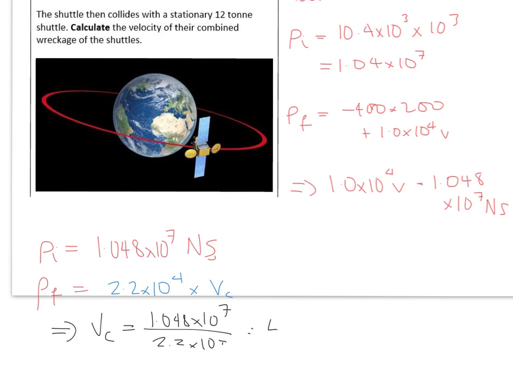So it's going to be 4.8 times 10 to the 2 meters per second there, giving it to two significant figures, which would be appropriate because we've got 12 tons and 10 tons, that kind of thing. Okay, so moving on to the final question I'm going to look at.